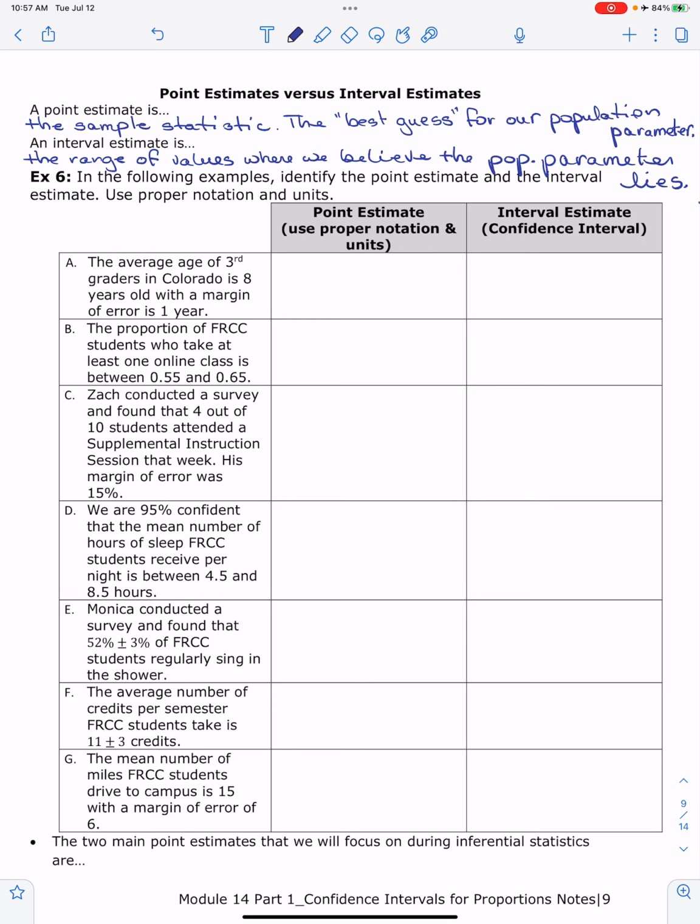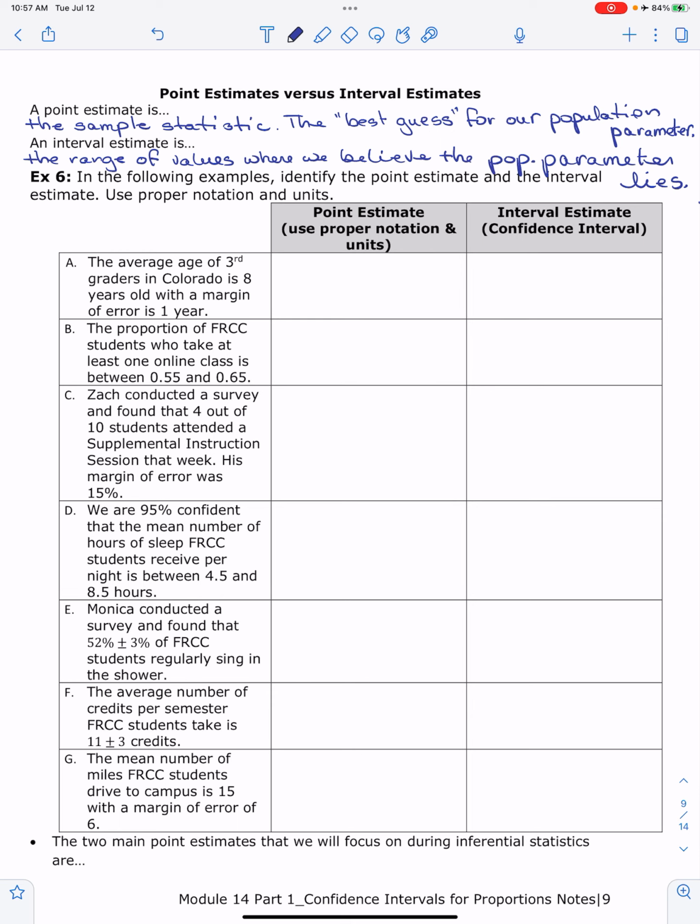So example 6, we want to identify the point estimate and the interval estimate. We want to make sure we've got proper notation and units where they apply. So A, we have got the average age of a third grader in Colorado is 8 years old with a margin of error of 1 year.